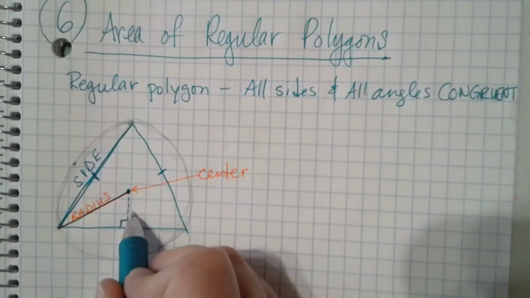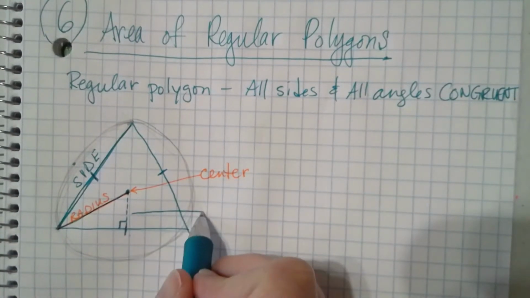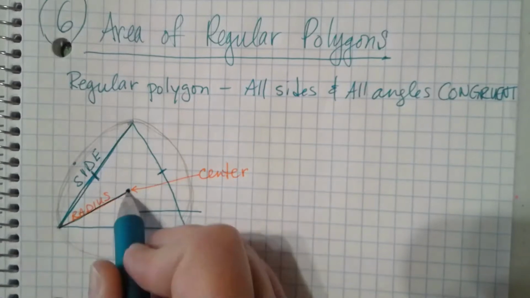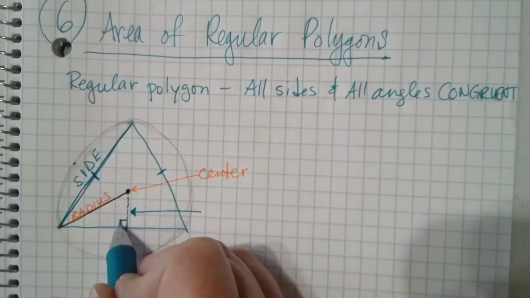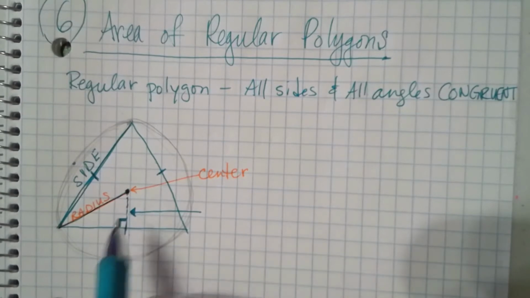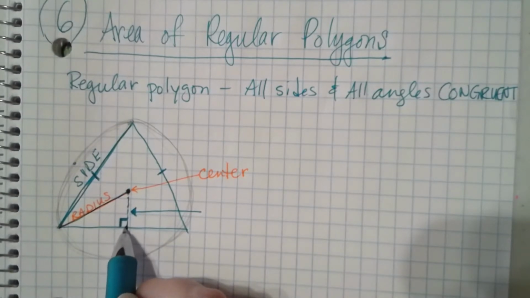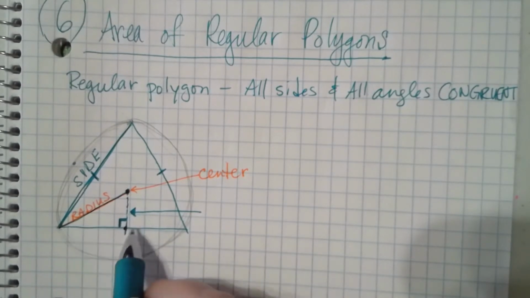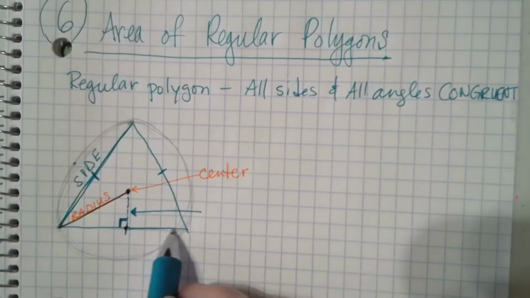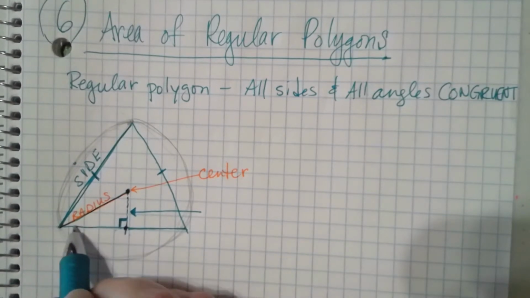So we'll just take whatever that side is times how many sides it has. And the most important part on our regular polygons is this little dotted line that goes from the center, drawn perpendicular at a right angle, and it hits at the midpoint. So this is the middle of this side. This piece is going to be congruent to this piece on this side.